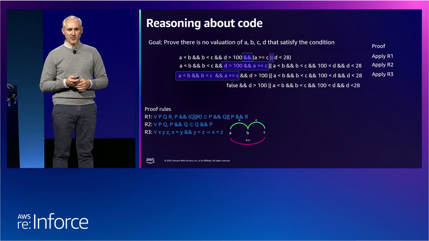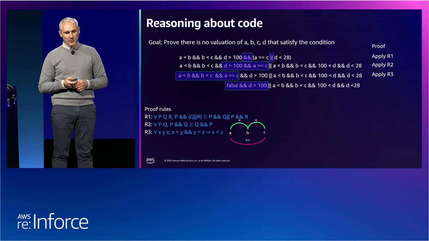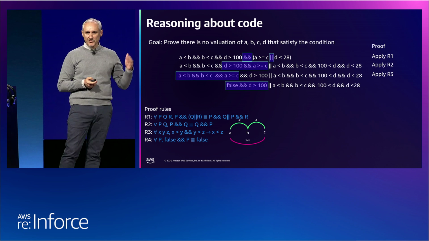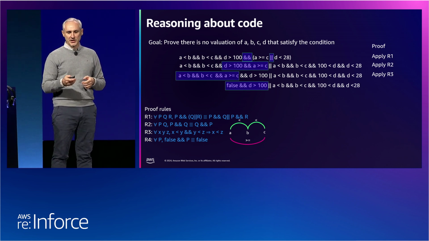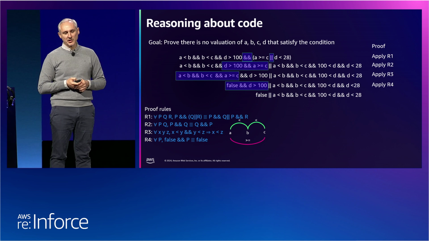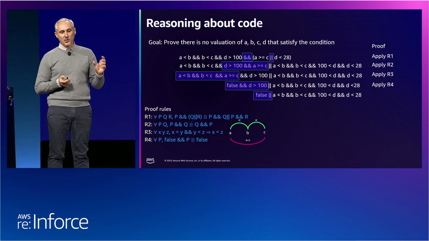So I can simplify the formula further. Now I can use another rule from Boolean logic, which is that false and anything else is equal to false. False basically absorbs everything else with conjunction. So I can further reduce the formula and get to false. Now I'm going to focus on false or something else.